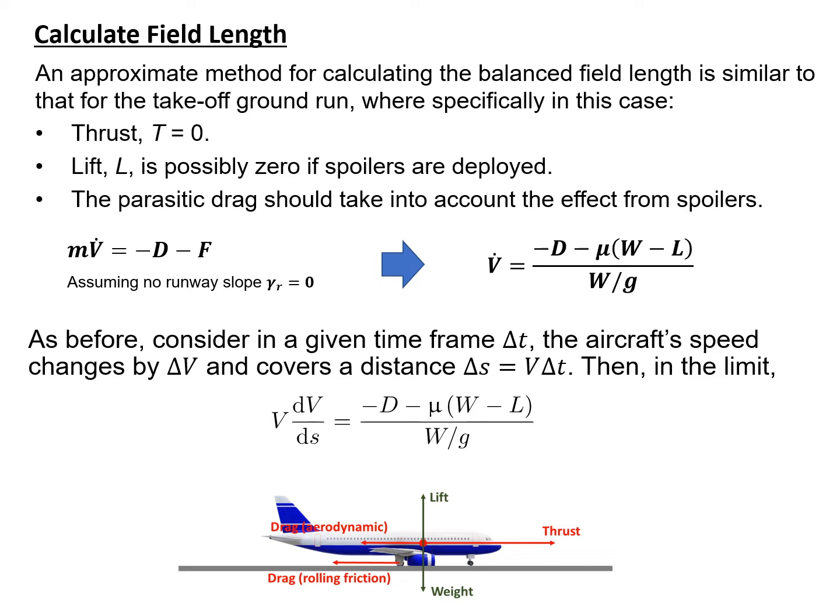As before, considering a given time frame delta t, the aircraft's speed changes by delta v, and it covers a distance delta s equals v times delta t, as in the calculation of ground run distance. We have acceleration equals v times dv divided by ds, and since v dot is acceleration, we can combine those two equations. We have the governing equation shown below.